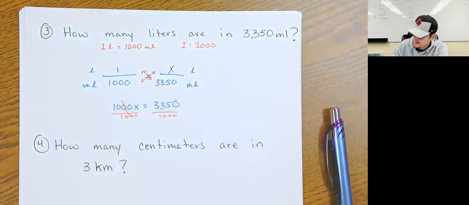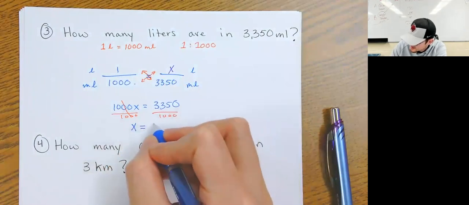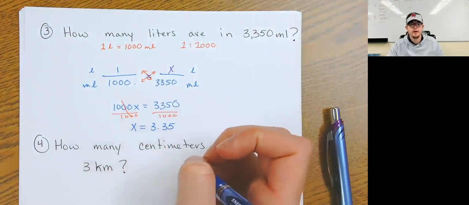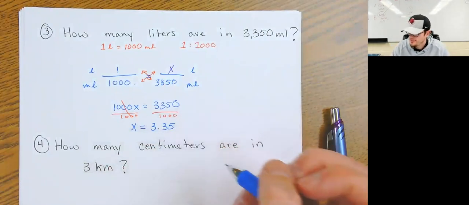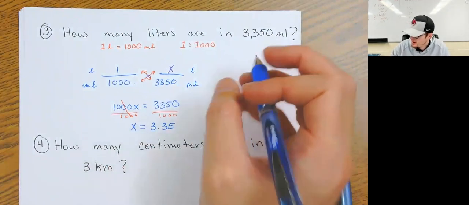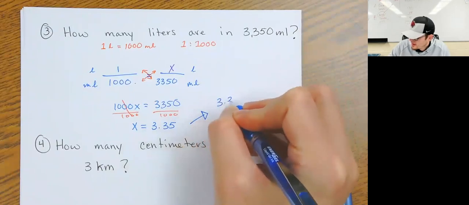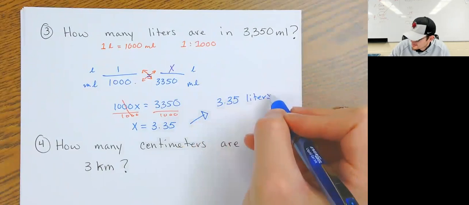And we get x equals 3.35. And that's not an approximation, that is exact. All right, so that's 3.35. So I would write over here 3.35 liters.